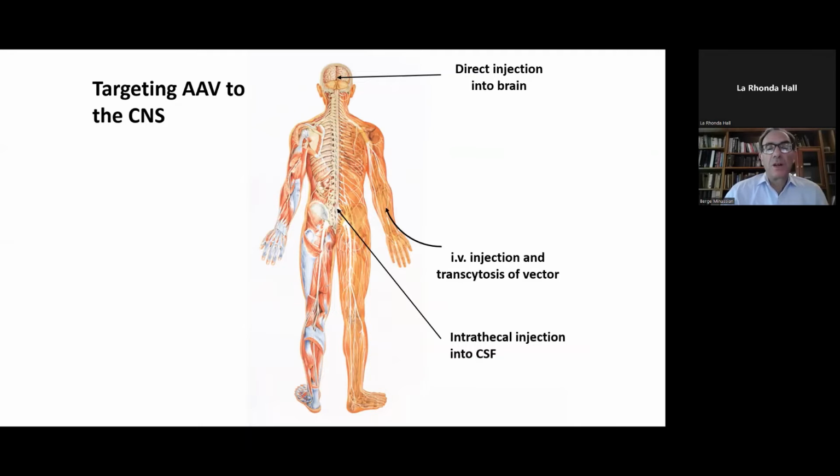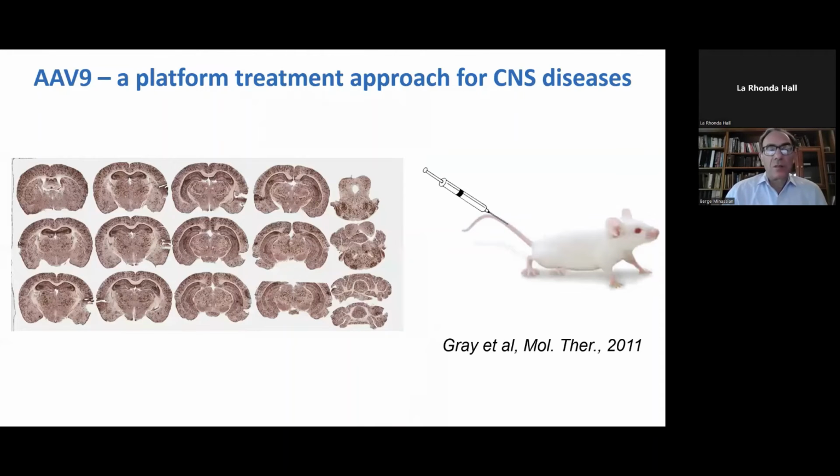So we prefer an approach directed to the brain itself. You can inject into the brain matter itself, or as we prefer, we inject in the CSF space, any place in the CSF, but lumbar puncture is one approach, and the virus will distribute to the brain.